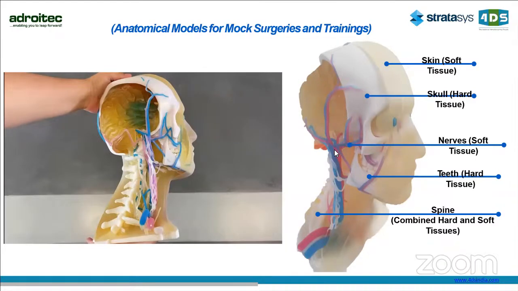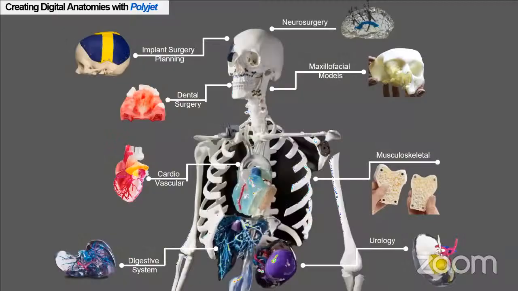These are also soft tissue. And coming back to teeth, they are very hard in nature, which can be printed in hard. And coming back to spine, which is printed in hard and soft tissues. In PolyJet, we can print with multicolor and multi textures like soft, hard, soft and hard combinations.